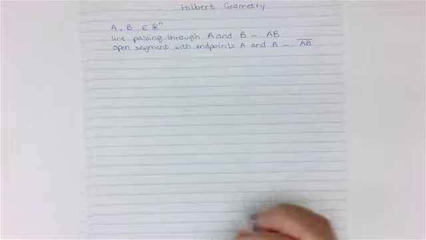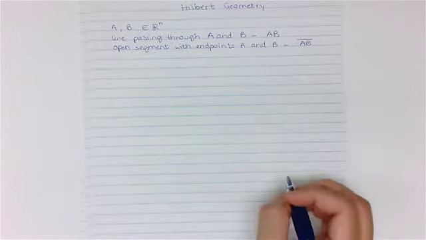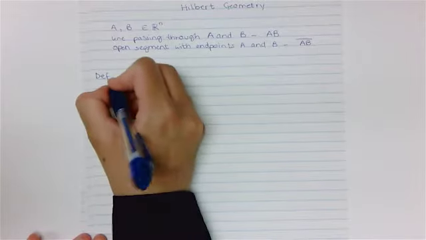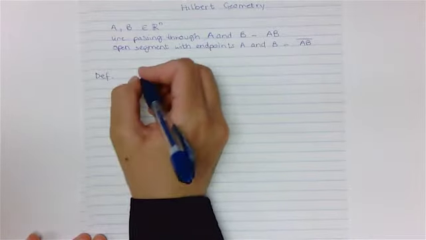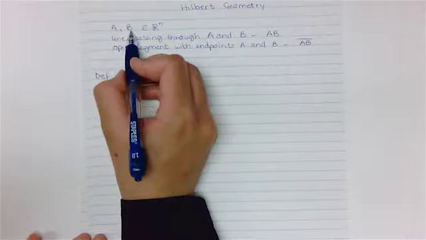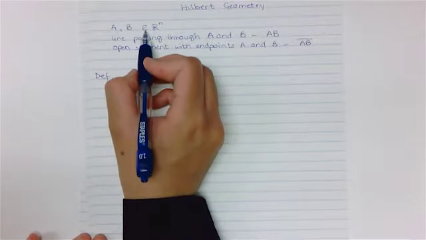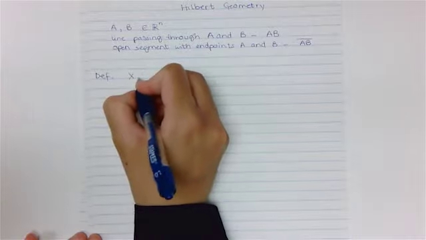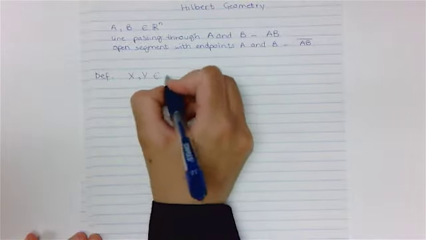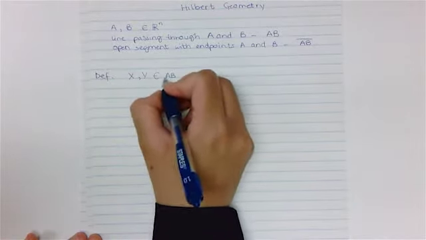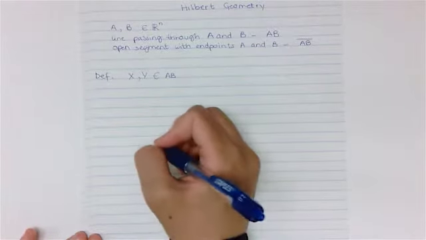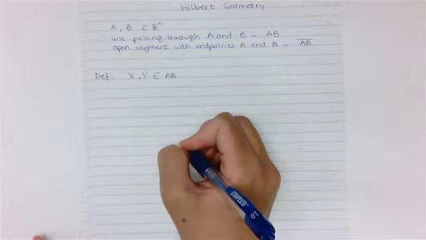We are now ready to define the cross ratio in Hilbert geometry. So, we have points A and B in R^n, and they're distinct points. And we also have points X and Y that lie on AB. And we can express these points as linear combinations.